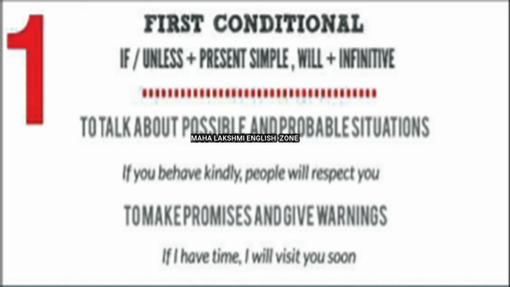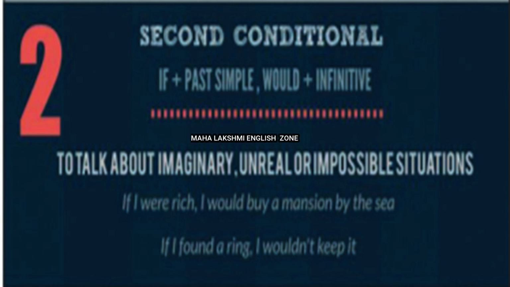Second conditional. The second conditional clue is if the verb in the if class is past, our answer will be would plus verb or infinitive. The second conditional talks mostly about imaginary, unreal, or impossible situations. The examples given here are, if I were rich, I would buy a mansion by the sea.